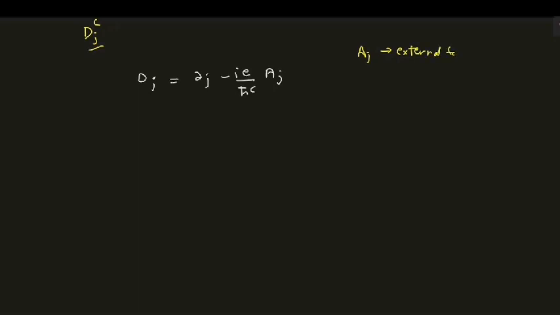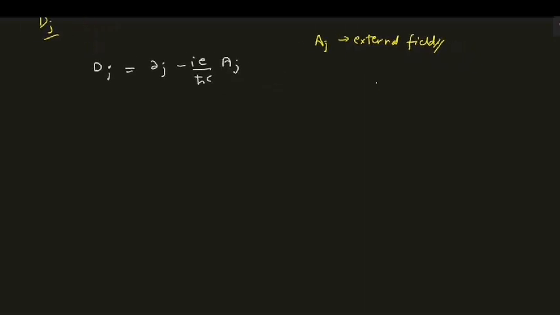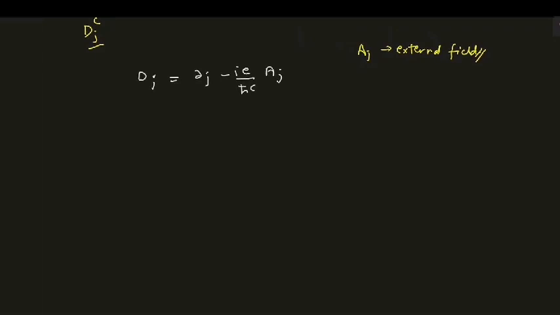External field means it will be independent of the charge conjugation operation. The charge conjugation operation in no way is going to make any difference to it, so this will remain as it is. Similarly, delta_j, where j runs from 1 to 3, is basically delta by delta x_1, which in turn equals delta by delta x, as we write.